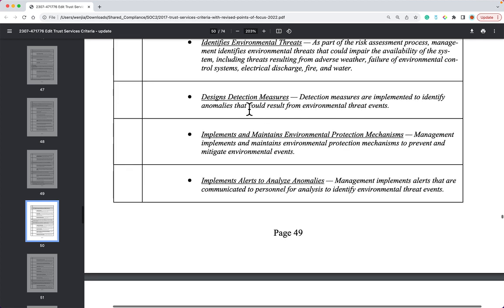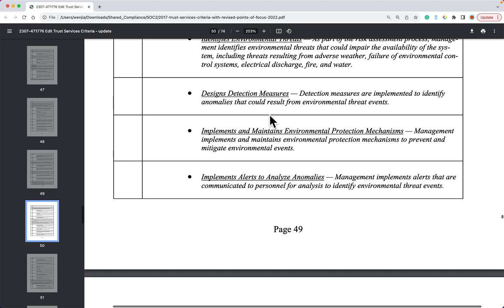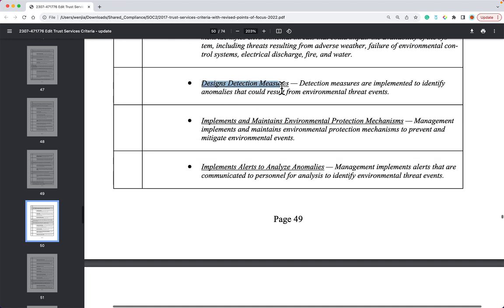Next one, designs detection measures. So this one is pretty straightforward. Detection measures are implemented to identify anomalies that could result from environmental threat events.